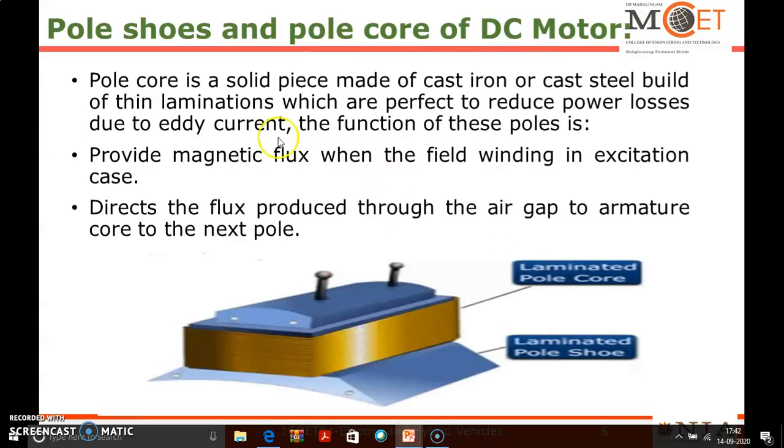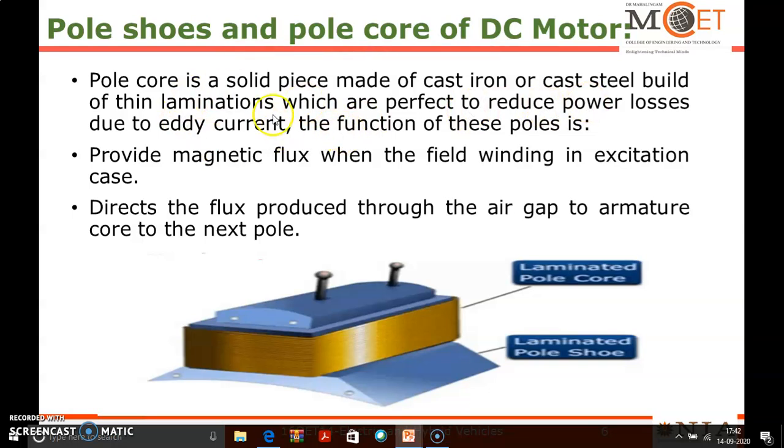Next, this is the pole shoe and the pole core. This area is the pole core, and this bent portion is the pole shoe of the electric motor. The pole core is made up of cast iron or cast steel, which is used to reduce the eddy current losses.